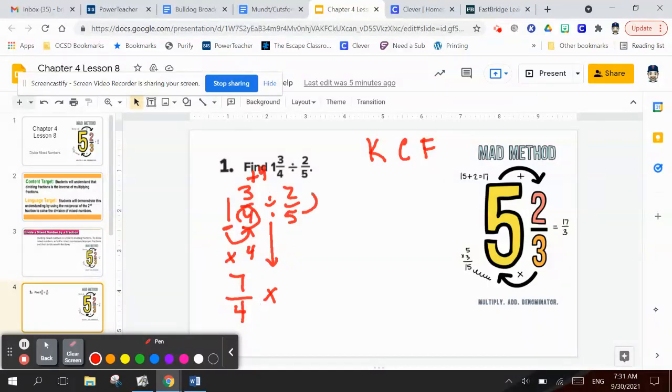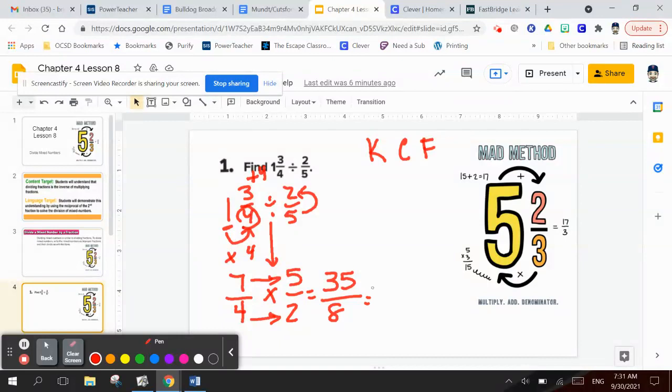And I'm going to flip the second fraction. We only ever flip the second fraction. So 2/5 would now become 5/2. And now I multiply. Numerator times numerator, 7 times 5 is 35. 4 times 2 is 8.